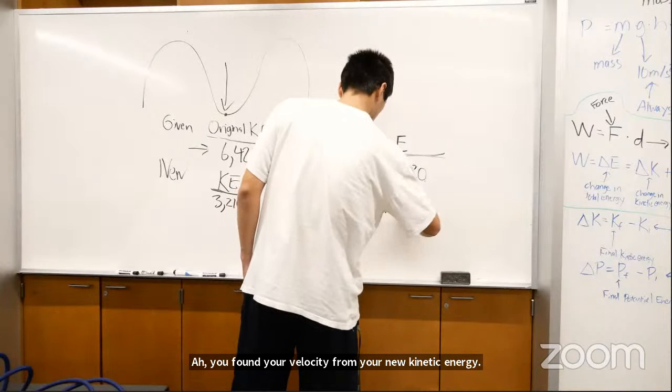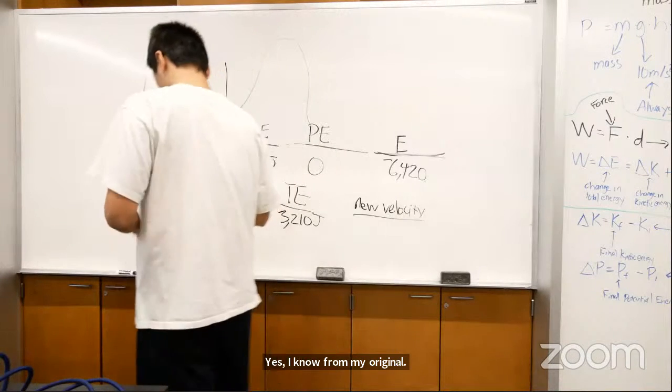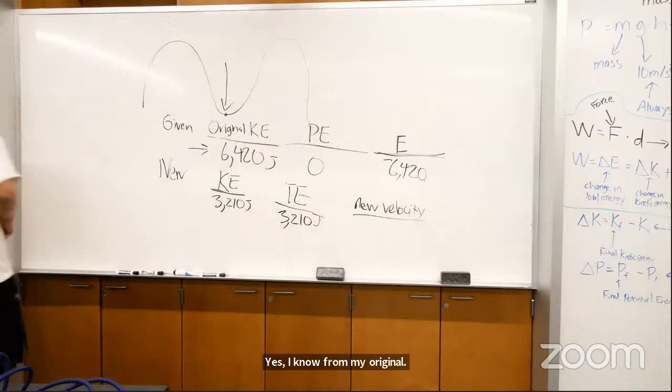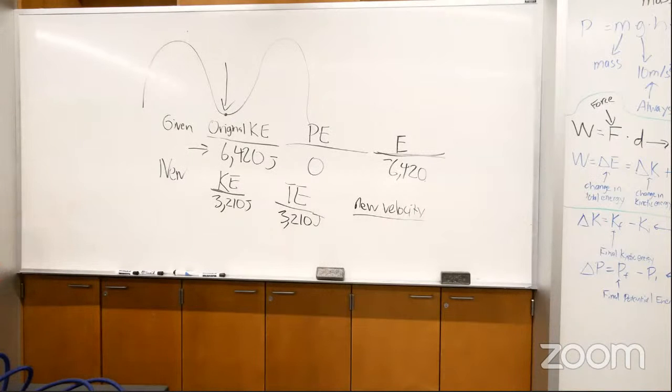So I already have my kinetic energy, so 6,420. Your new kinetic energy. I would divide by 2, right? Yep. Divide by 2.